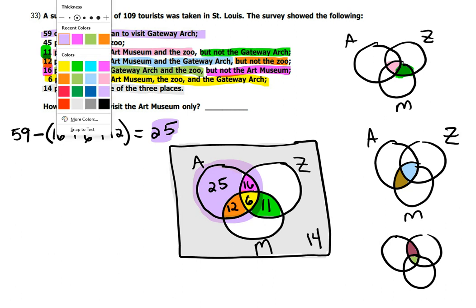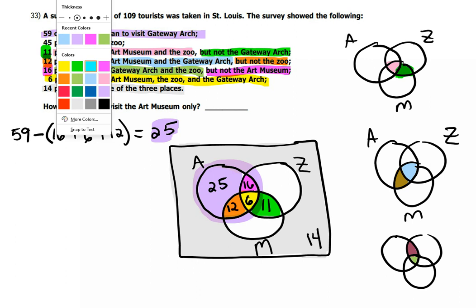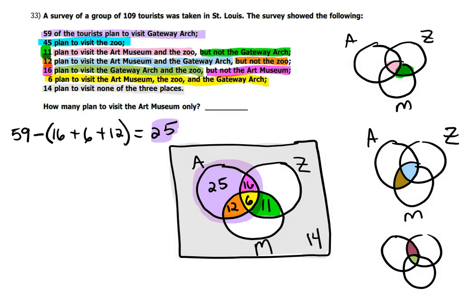And then I can do the same thing with the zoo. Use this color. 45 people plan to visit the zoo. The zoo is this circle here, but of that circle, I'm missing this piece here. So take the 45 and subtract the 16 plus the 6 plus the 11, the 3 other pieces inside that blue circle.